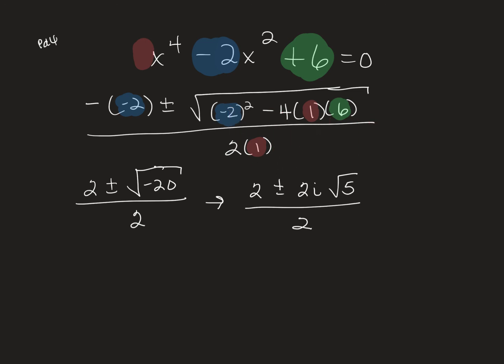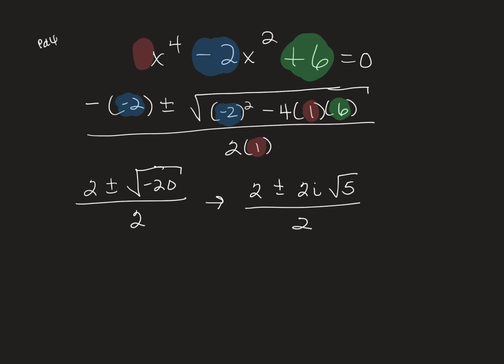That'll give me a negative 20. That's what's underneath my radical. I'm just using the formula. It's easier to use the formula. Does that make more sense? Okay, you got 28, didn't you? It's okay. You get it now?